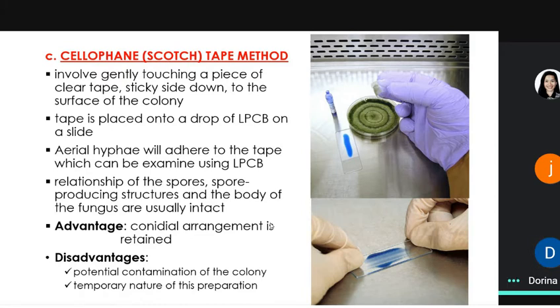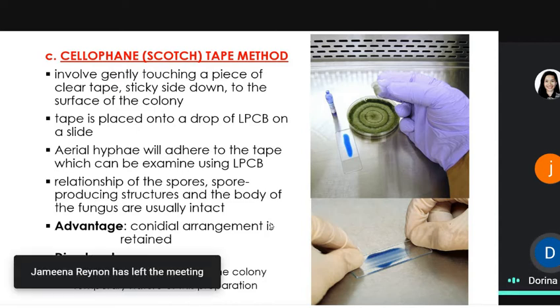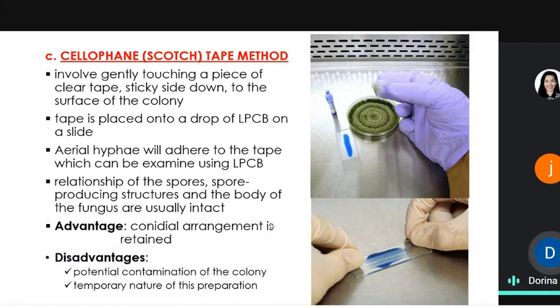Gumawa ba kayo? No, ma'am. Binasa lang po namin sa book. Ay, hindi nyo nagawa noon? Opo. Naabutan ng lockdown? Yes po. Okay. Ano ang idea mo sa scotch tape method pag sa parasit nyo?